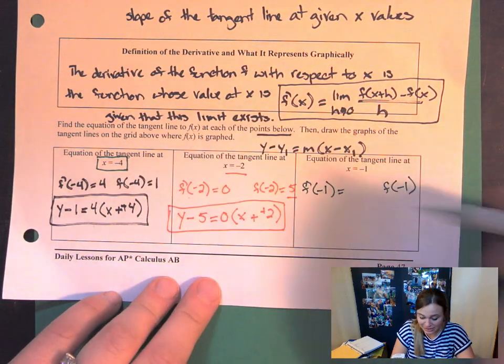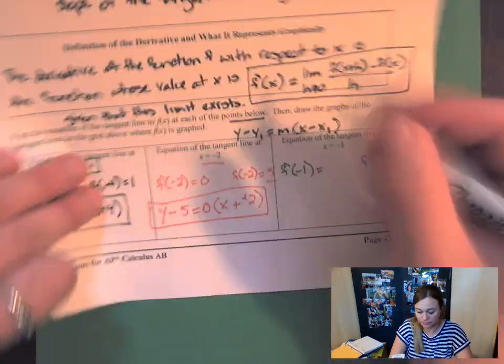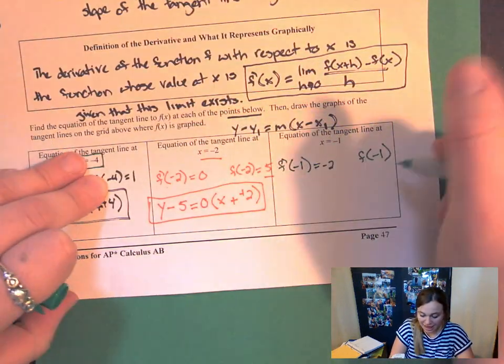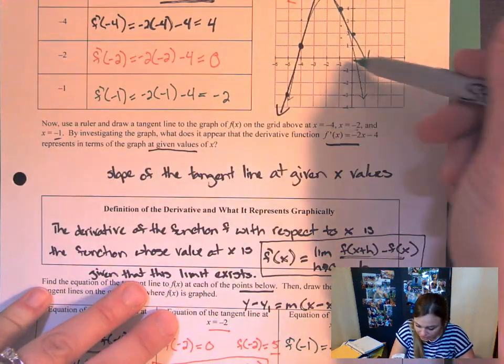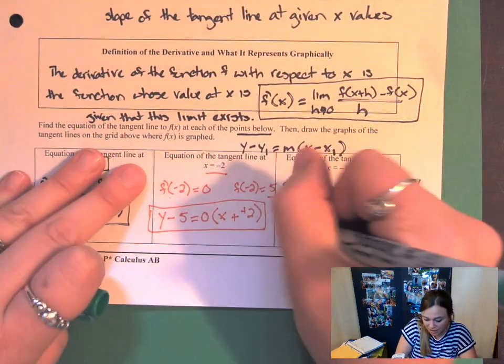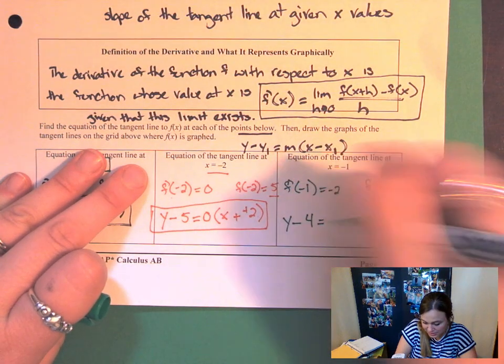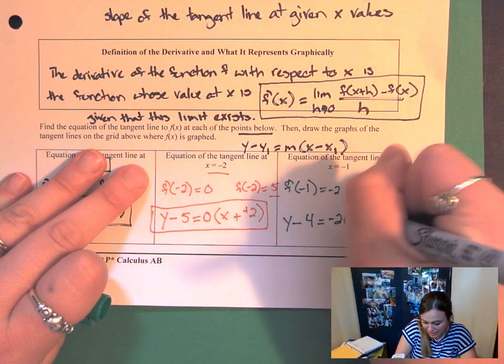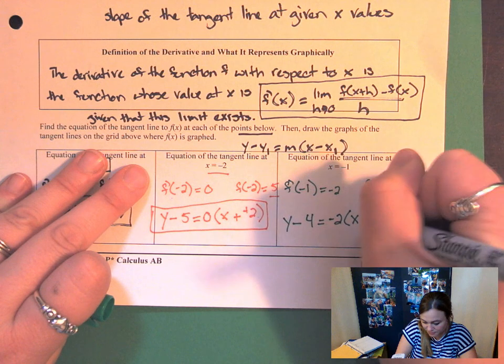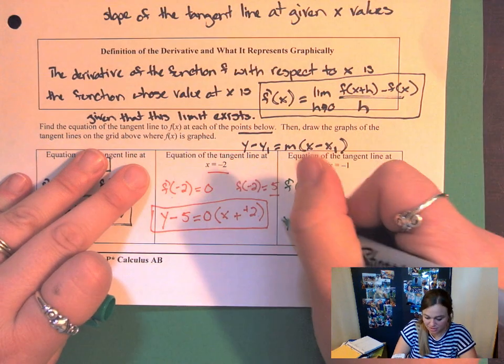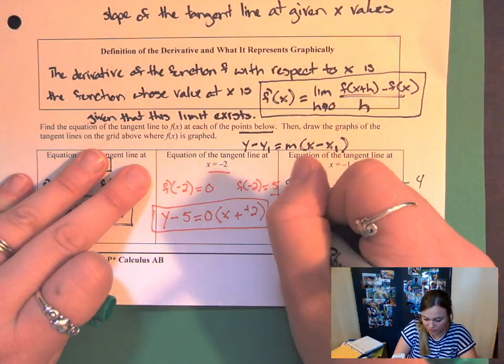F prime of -1, if I go up to the top again, was -2. My function value f of -1 is 4. So y minus y1 is equal to m times x minus x1, and you have the equation of your line.